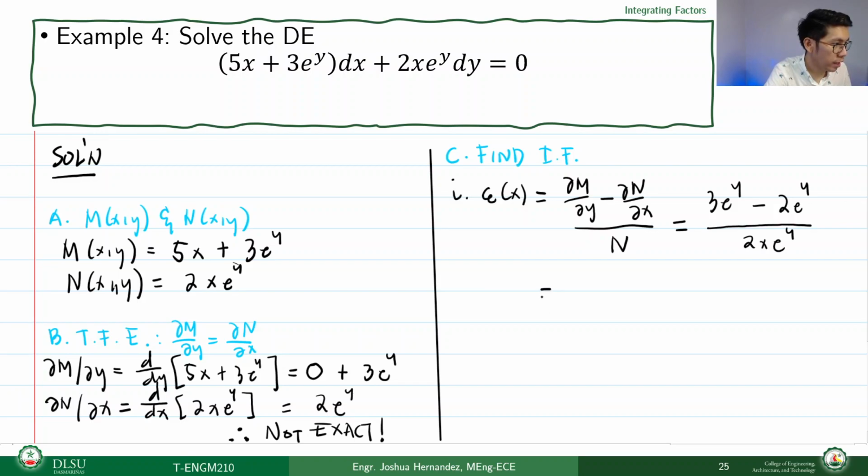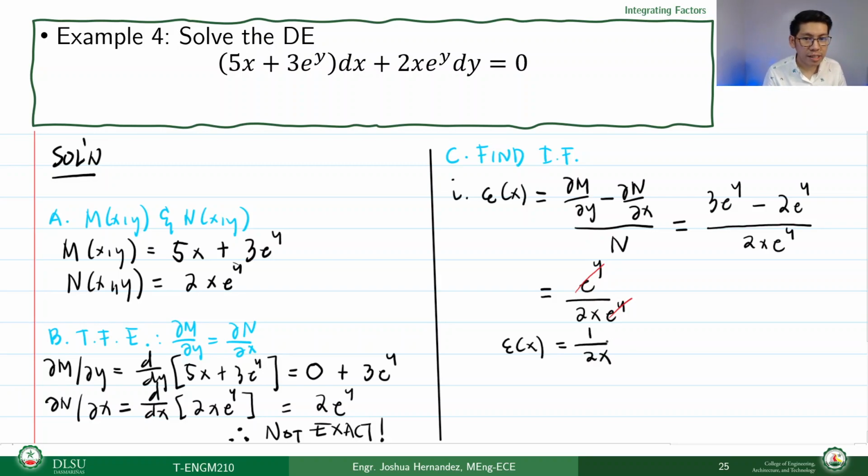Simplifying, we'll have 3 minus 2 is e to the y all over 2x e to the y. Clearly, e to the y cancels out, and we are left with epsilon of x equals 1 over 2x.